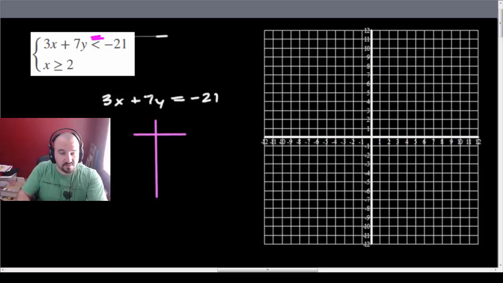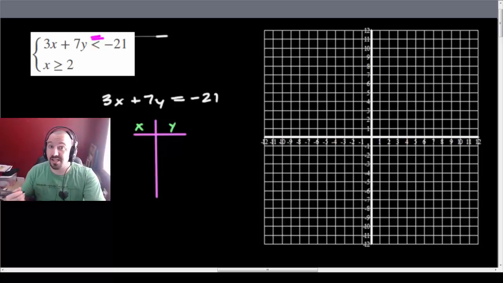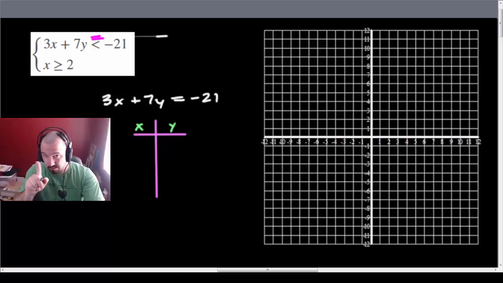And then I'm going to have my x-coordinate and my y-coordinate. I'm going to take a guess of one of them, just one, and find out what the other one must be. In this case, I'm going to select the two intercepts, so the y-intercept and the x-intercept.